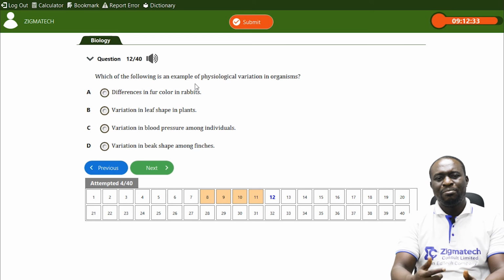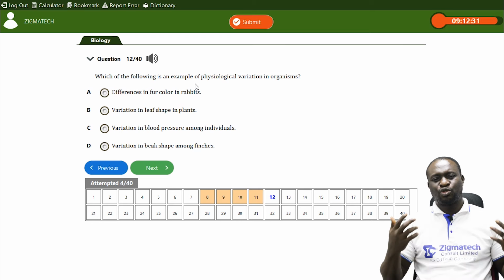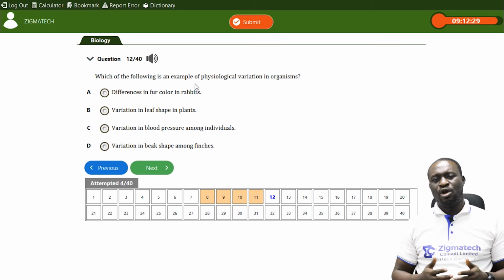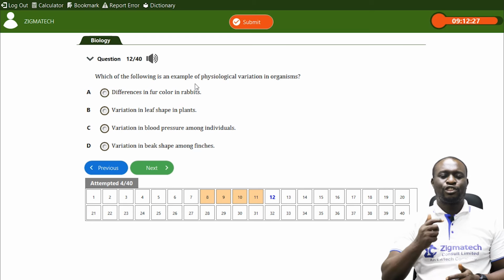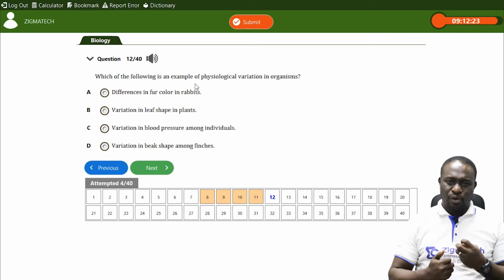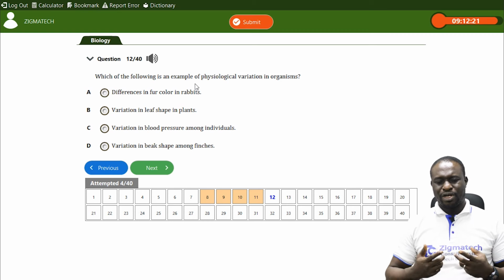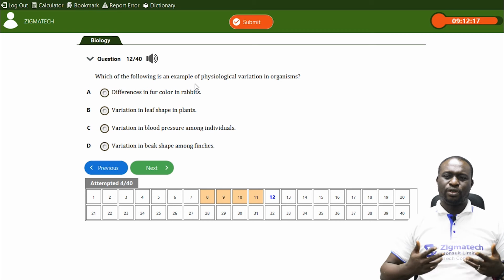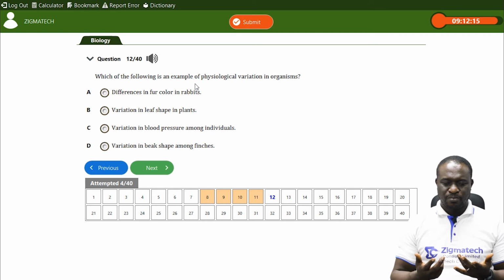Now, what do we mean by morphology? Morphology is the outward or external feature of an organism, while physiology talks about how these organisms respond, their behavior, their responses, their actions, okay? How the parts of their bodies work or function. All right.